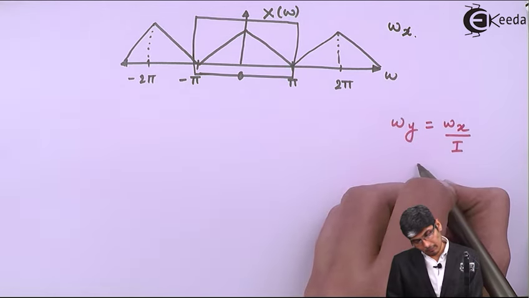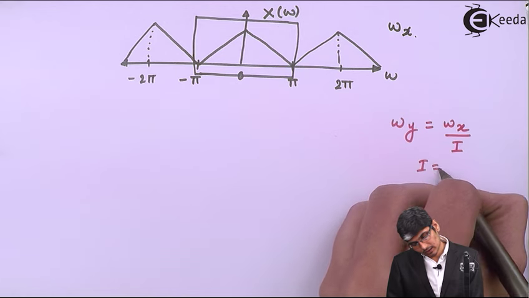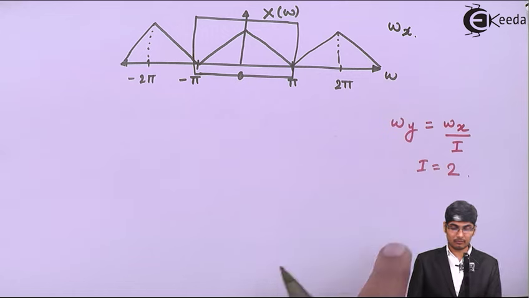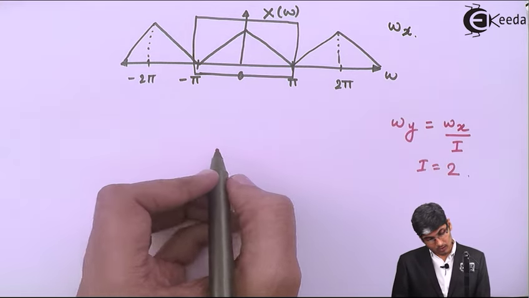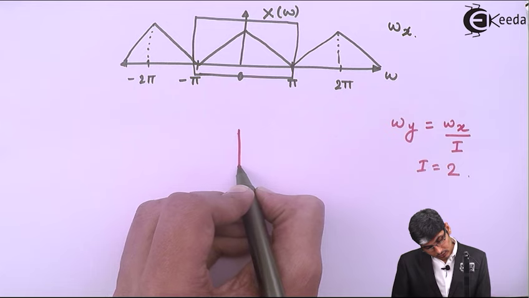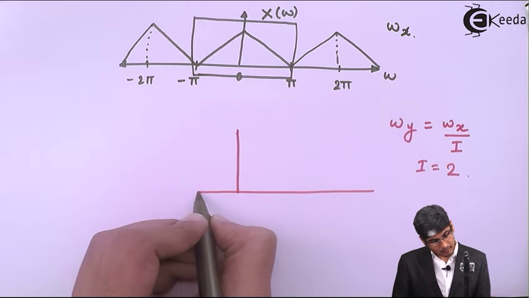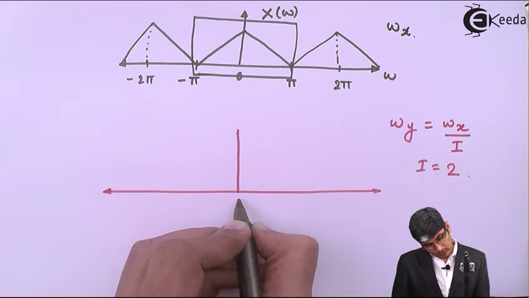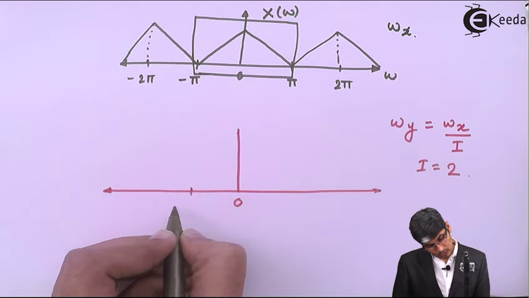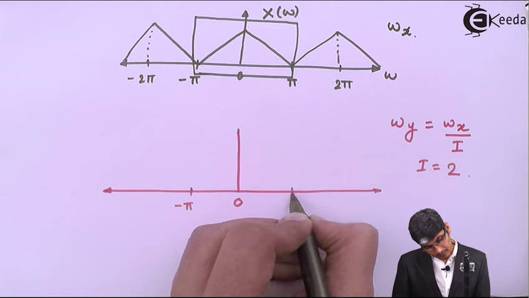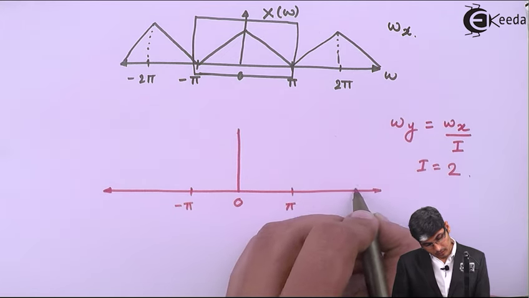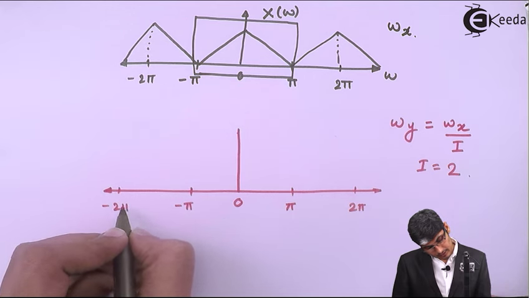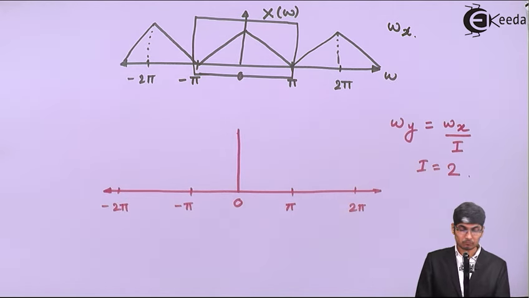From the previous example, let's say I equals 2. That means I am interpolating, upsampling by a factor of 2. So what will I get? I will get a new signal. I'll draw the samples like this: 0, minus pi, plus pi, 2 pi, minus 2 pi, similar to the previous case.